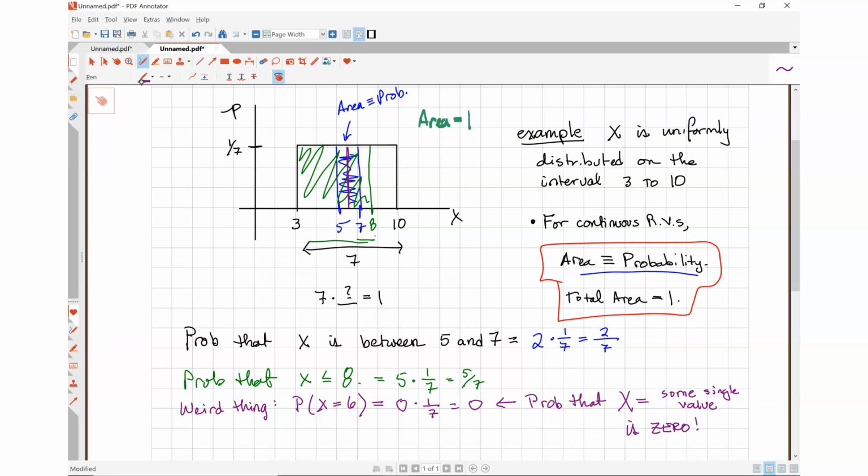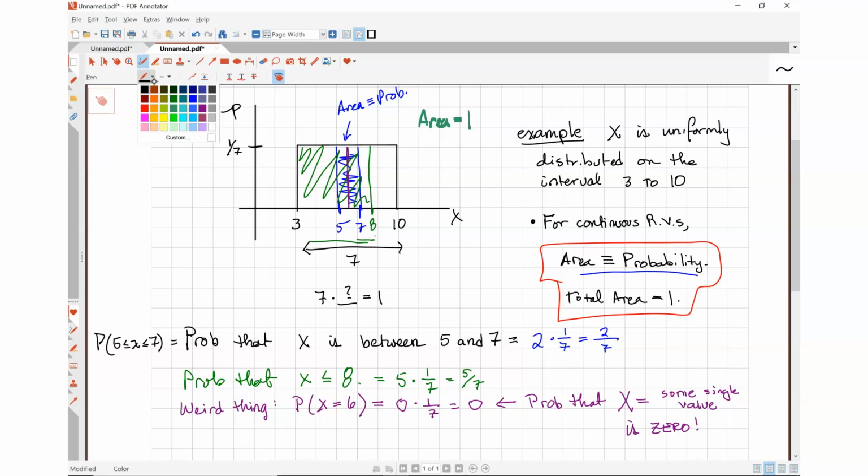Since I wrote these things down now, let me just write down the notation that goes with them. This probability that x is between 5 and 7 will often be written like this. So that's the probability that x is between those two values. We're just writing that in our more compact mathematical notation.